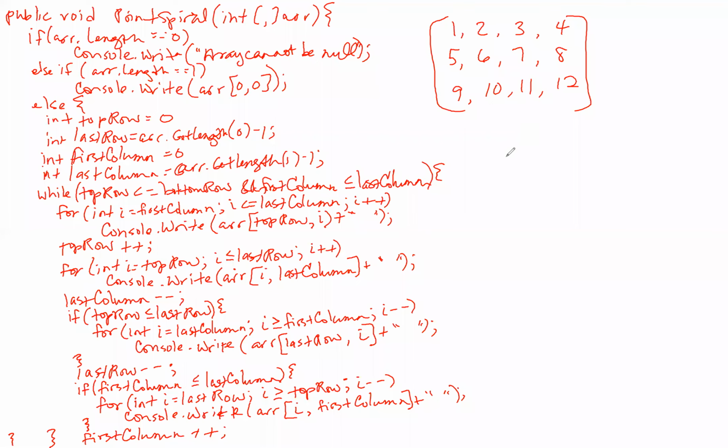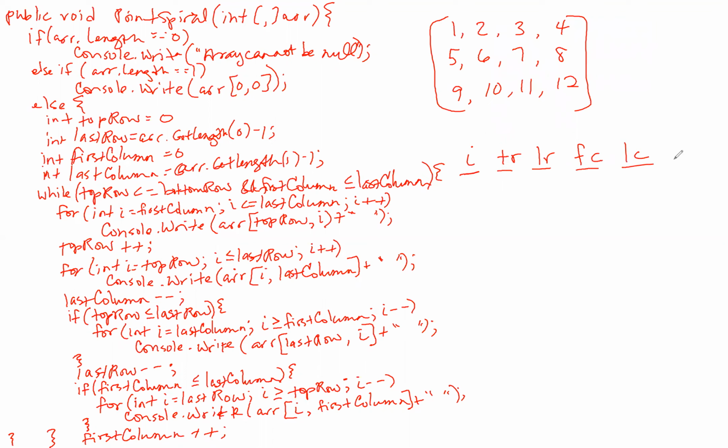Okay, we have our top row, we called it last row, first column, last column, and we've also got an I, or incrementer, throughout this, and that's going to keep going up and down, but it's good to keep track of it.